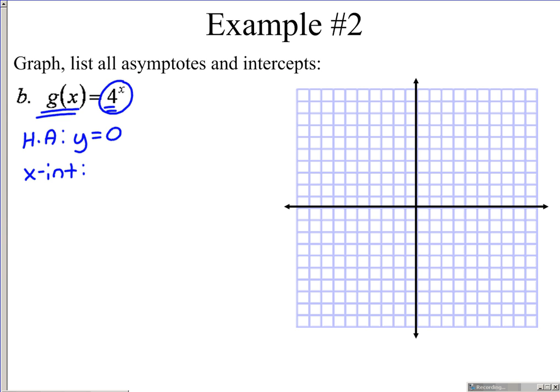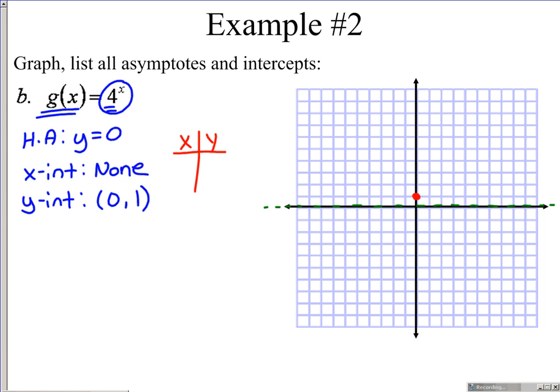Does 4 to the x power ever equal 0? No. Gets closer and closer to 0, but never gets there, so there is no x-intercept. Y-intercept, plug in 0 for x. Anything to the 0 power is 1. So once again, we have a horizontal asymptote at y equals 0. We have a y-intercept at 0, 1.